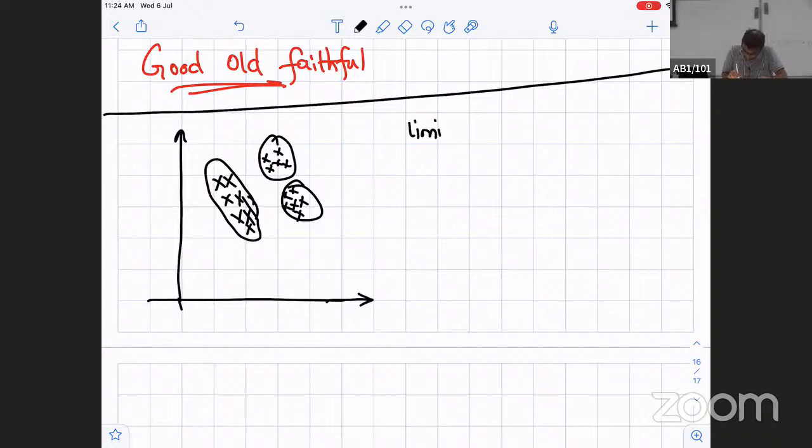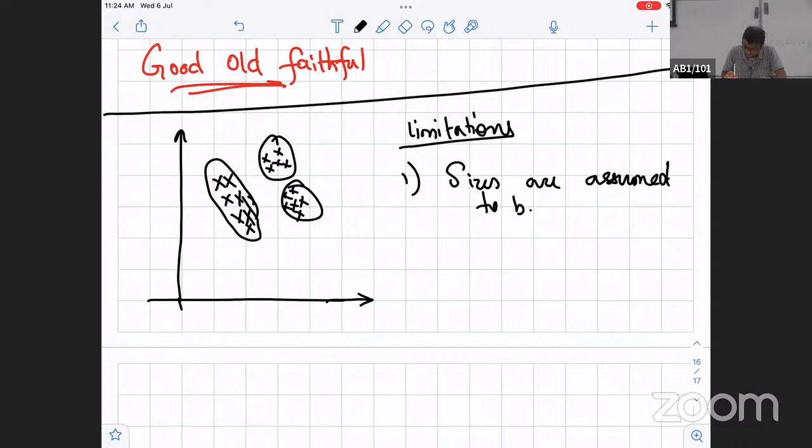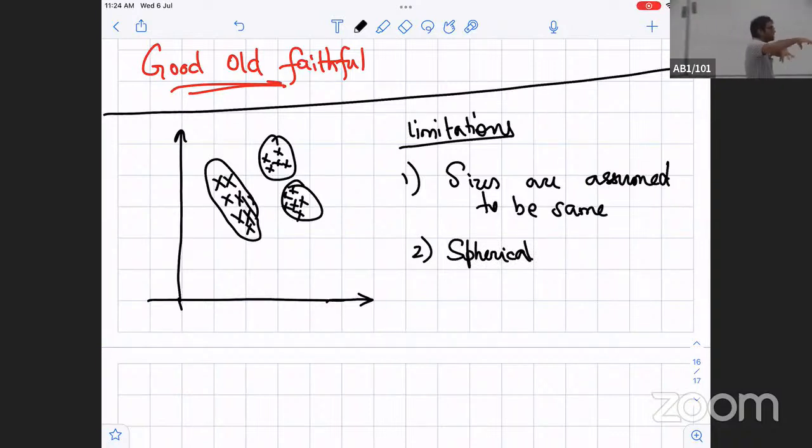The limitations being, one, all the cluster sizes are assumed to be the same. And secondly, they have spherical contours, so they are like circles. You try to put circles of the same size and try to cluster.